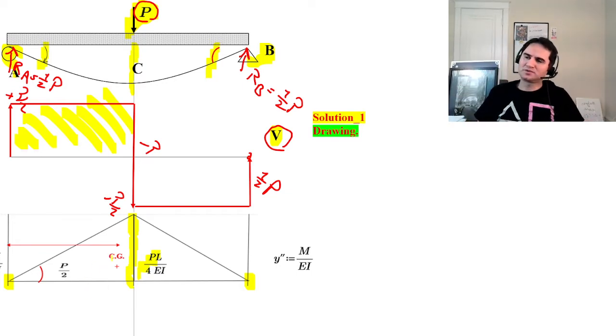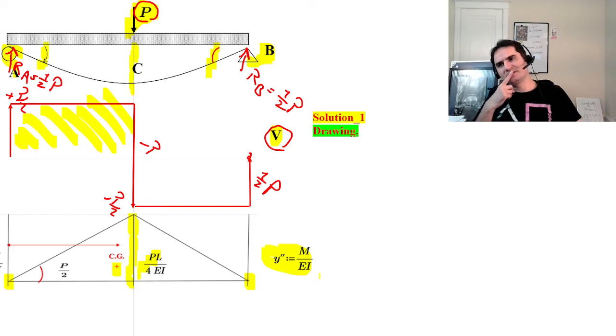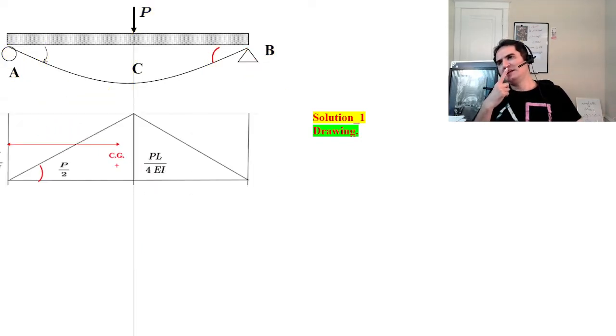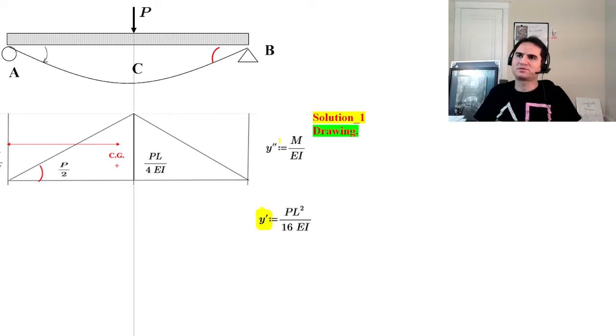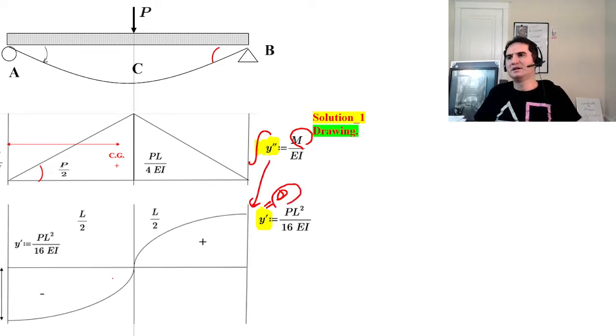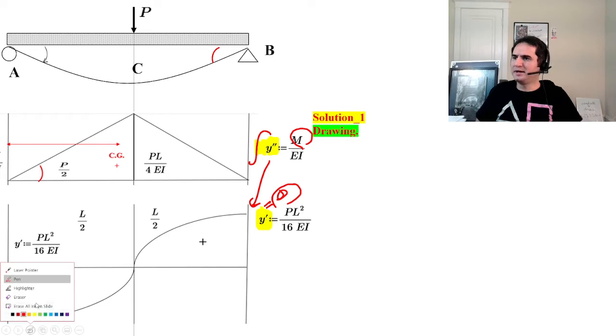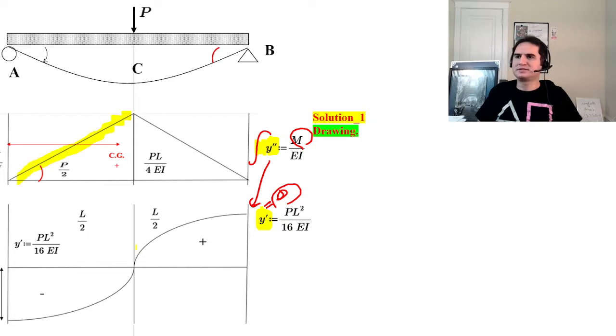Now let's draw the theta from the moment. Again, if we have M over EI, that is y double prime, and y prime is just theta. If this is M, an integration of that gives us theta. If you draw that, if this is linear, this is second degree.